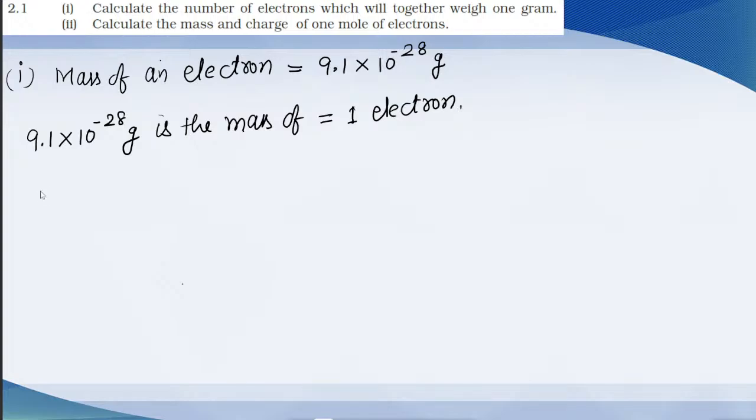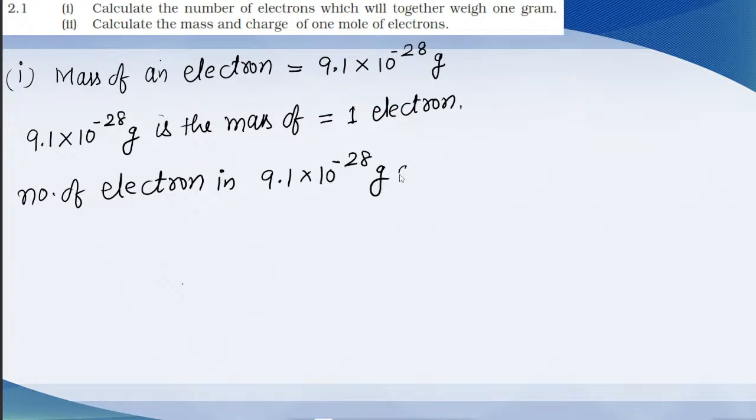Or we can write it like this: number of electrons in 9.1 into 10 raised to power minus 28 gram of mass is equal to 1. So we have to calculate the number of electrons in 1 gram.